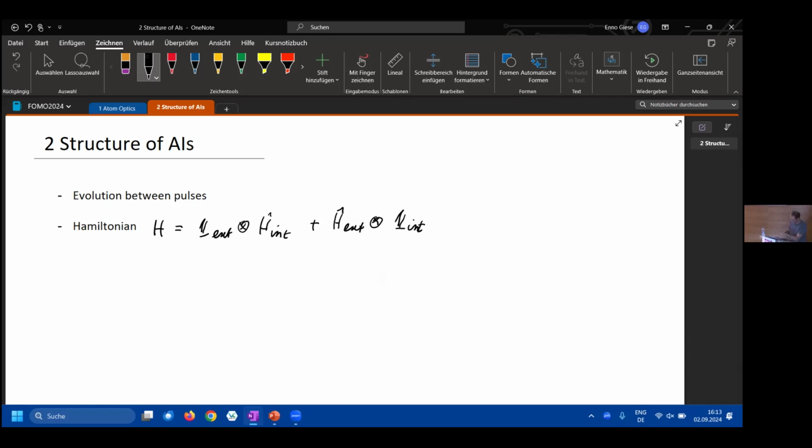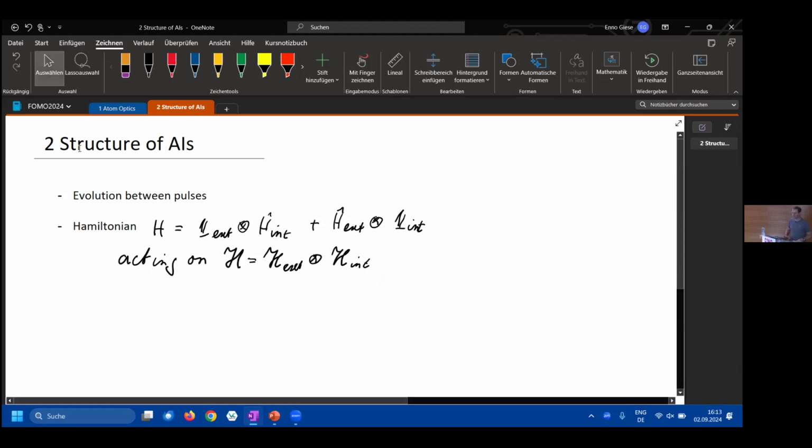And they act on the joint Hilbert space, H is equal to H external times H internal. Exactly, and they decouple.